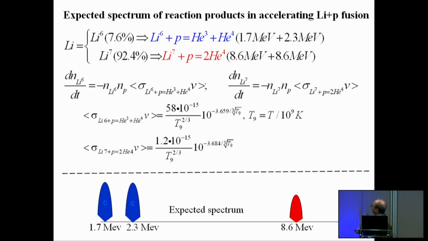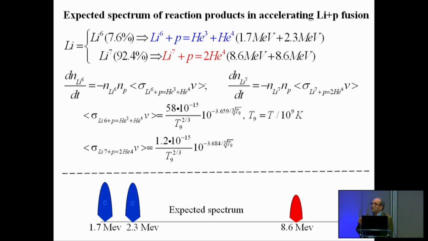So for one reaction, Li-6 plus proton, it's about such a value, at a temperature in units of 10 to the power of 9 Kelvin. And you see, about 50 times less efficiency for the other lithium isotope.